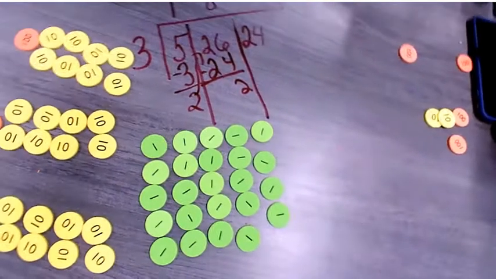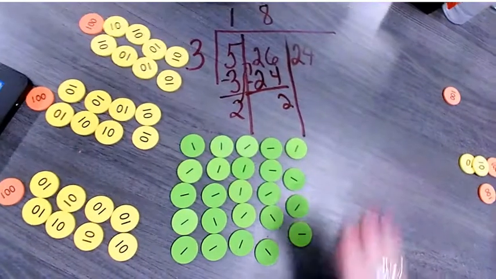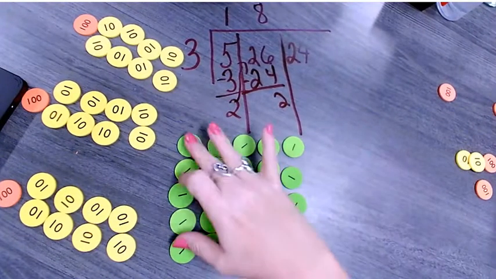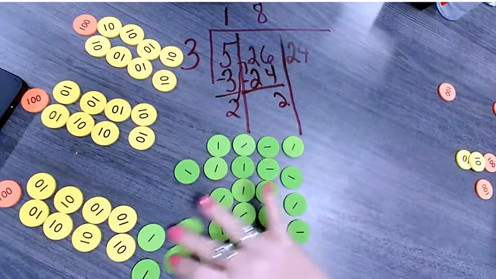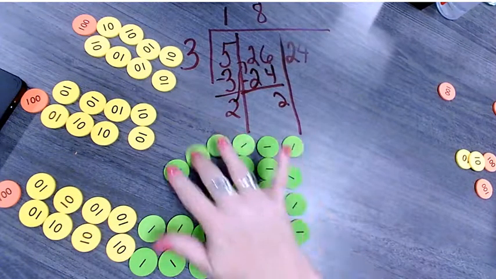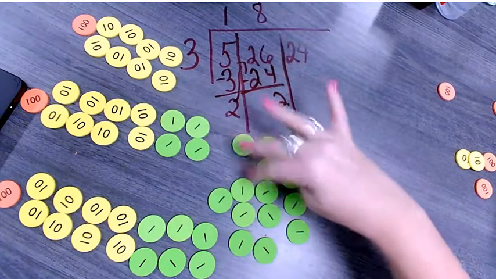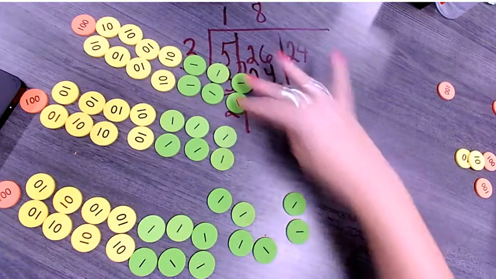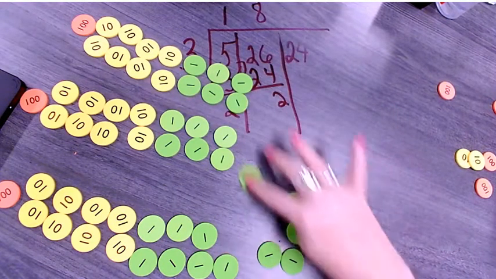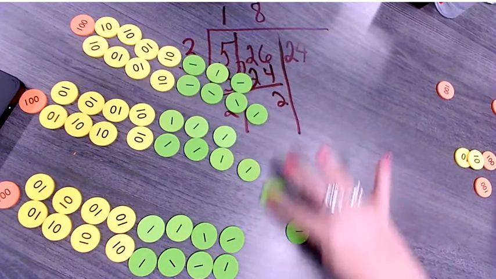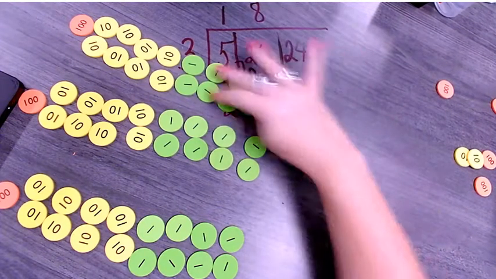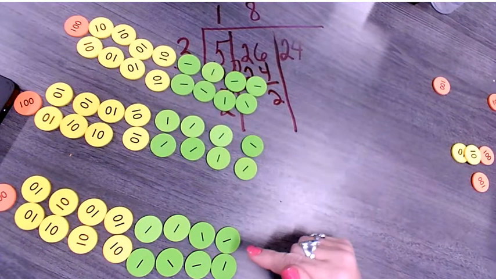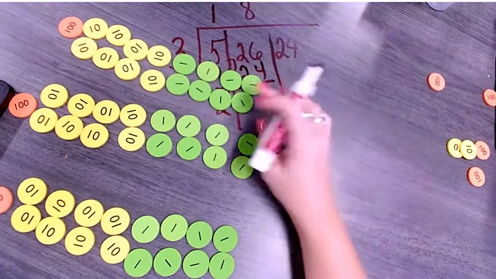Now when I take those and divide them by 3, I was able to split them evenly, of course, because 24 divided by 3 is 8.